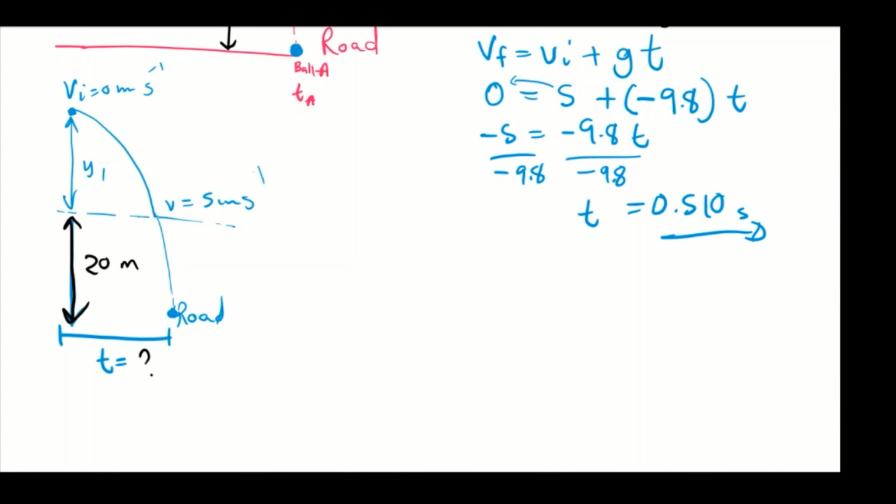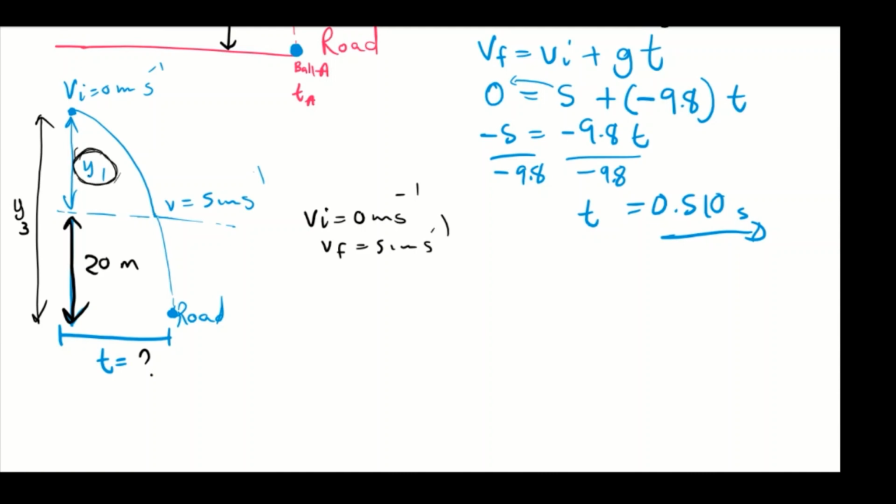We were told that it is 20 meters, but we don't know this y. So we can find that y, where v initial is equal to 0 meters per second, v final is equal to 5 meters per second. By finding this y, I want us to use the total height from the top to the bottom to find time. I'm just going to indicate it as y3. So let's first find this y1 here.